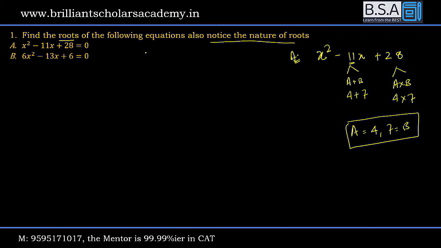Yes, very good. Now this kind of observation or approach becomes slightly difficult here, but it is not impossible. Let me give it a try. For the second question, question B, first of all, what is the addition of roots? Minus of the middle term upon the first. So minus of minus 13, 13 upon 6 is the addition of roots. What is the multiplication of roots?